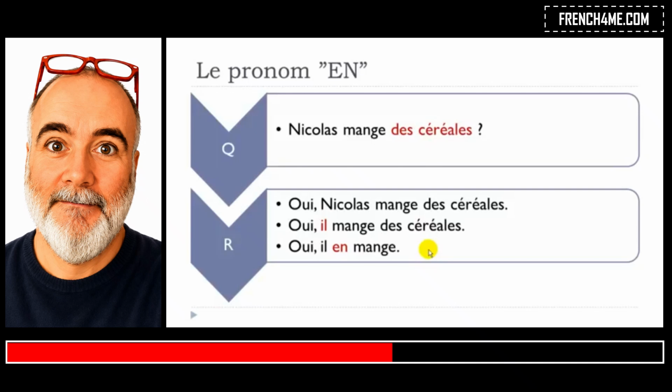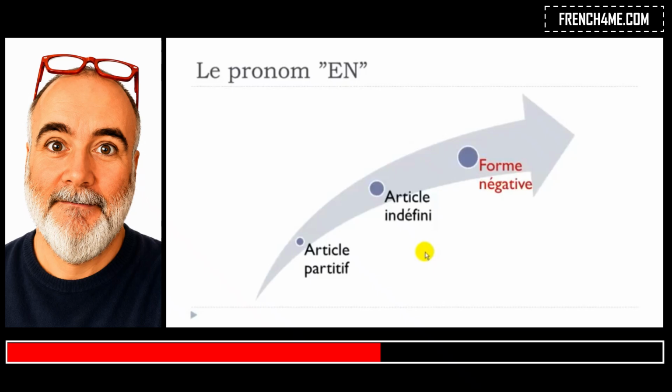All right? So when you use this article indéfini, you will only need to put something after your verb if it's un or une, or then in other cases, but we will come to that a bit later. Okay? So let's see now la forme négative.